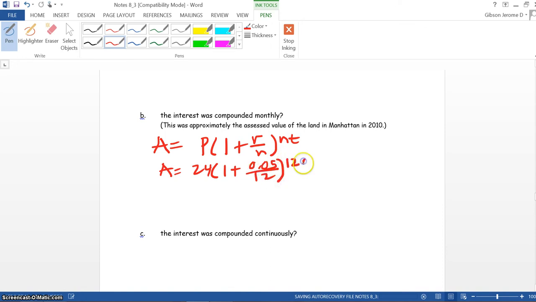So we would take N times T, 12 times, we had 384 years. So it'd be 12 times 384. So we had A is equal to 24. And then in our parentheses, we would just leave this the same.